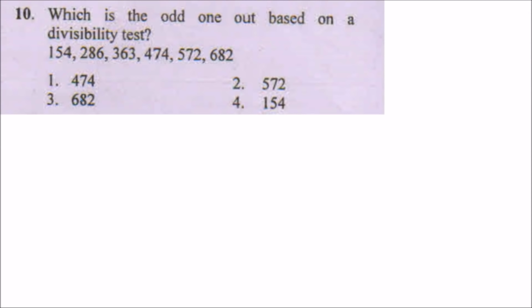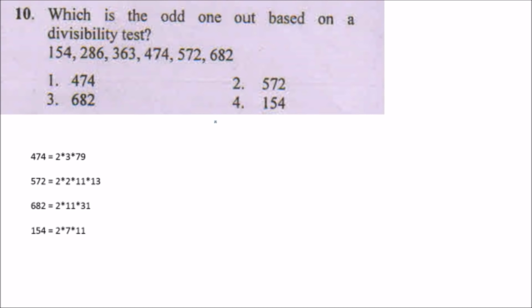Question number 10. What is the odd one out based on the divisibility test? To find out the divisibility, we will take the LCM of all these. So, rather than wasting time, let's take out the LCM of all these. For number 1 it is 2 into 3 into 79, and for 572 it is 2 into 2 into 11 into 13.